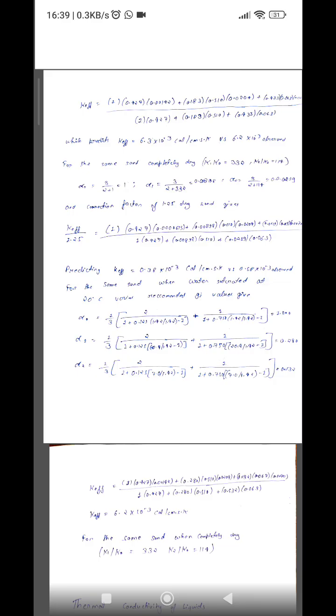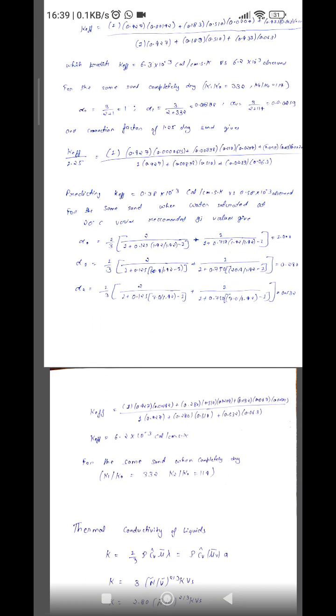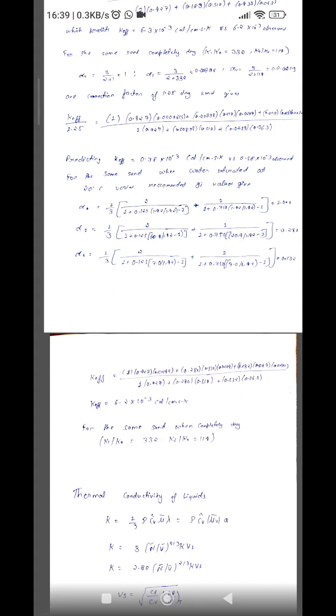Predicting K effective to observe for the same sand when water saturated at 20 degrees. So when water saturated at 20 degrees Celsius, the values give three alphas: alpha naught, alpha 1, alpha 2. These three are coming, and with the help of these we have to calculate K effective.